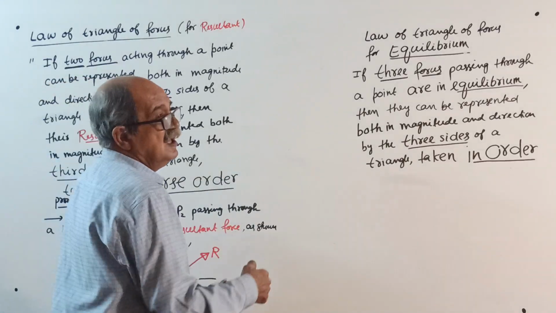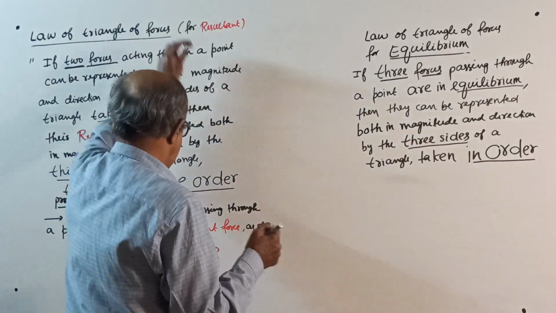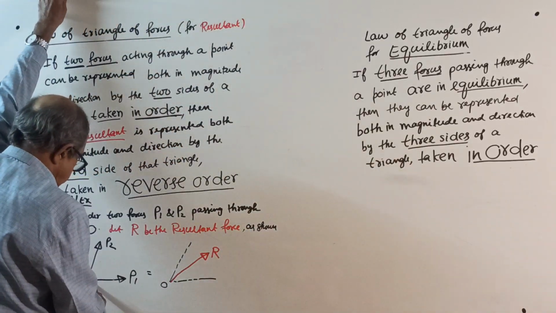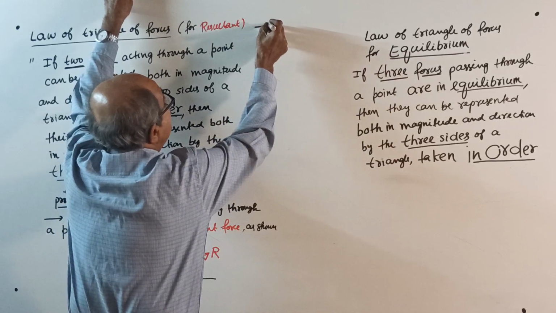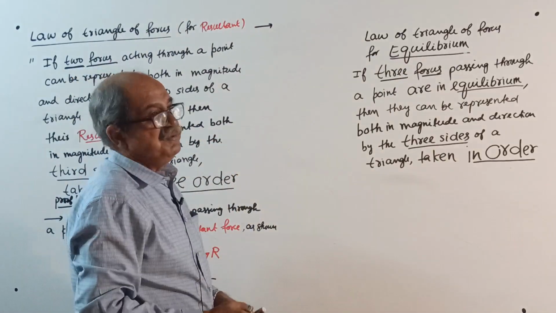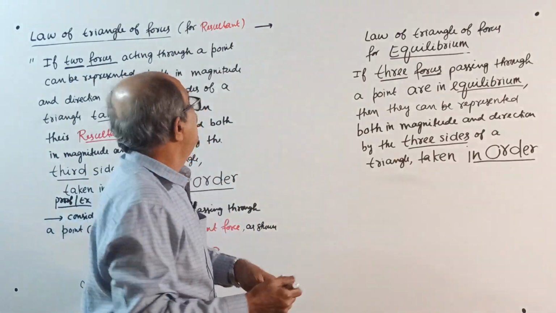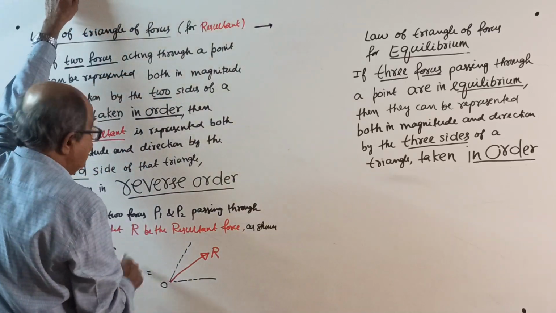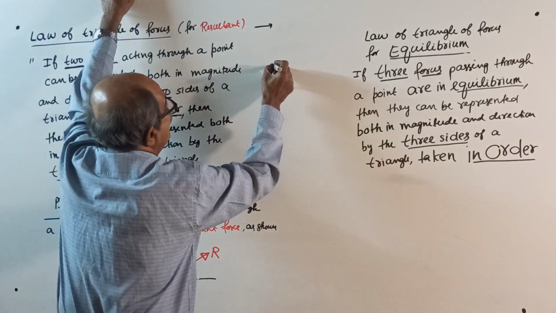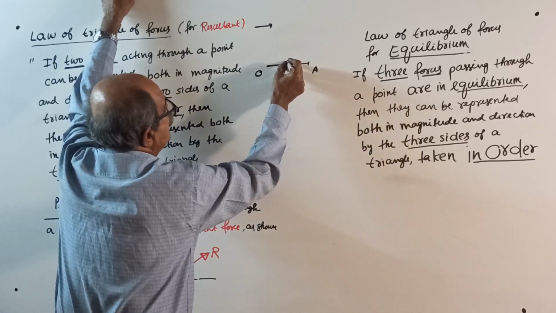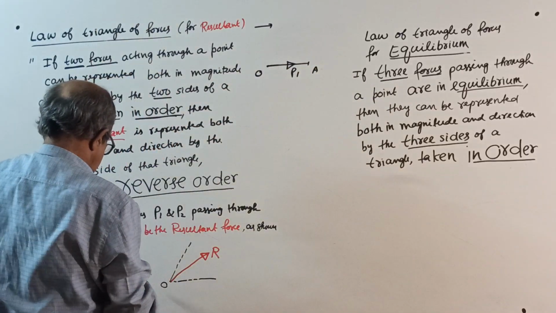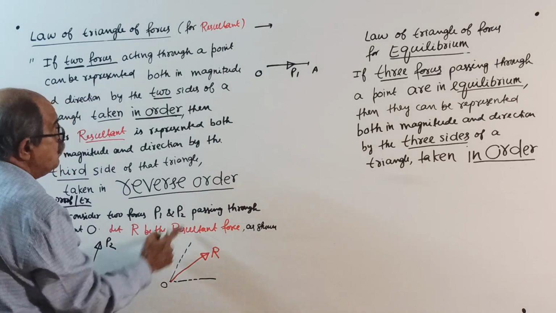Now see, I will dictate something. First what you do is, represent P1, you should write. See, what I am dictating, you should write. If you are not writing, you are losing, that's all. Represent P1 by OA. I'll put O here, A. This is P1. This you already know. Represent P2 by OB.